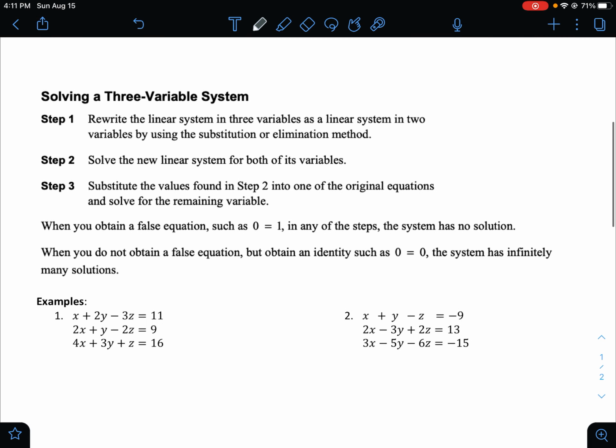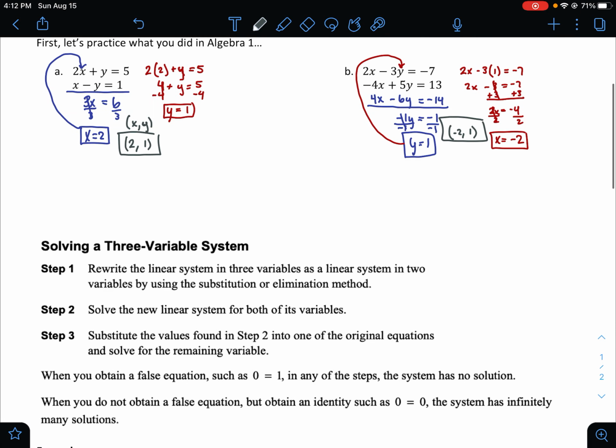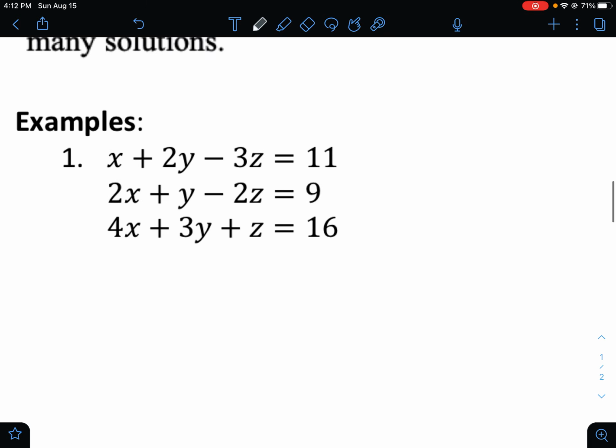Basically, because there are 3 variables, we have to do elimination that many more times, because we can't just simply get one of our variables to cancel. So this is a 3 variable system. Notice you have x, y, and z. It's also 3 equations. If we simply get rid of one variable, it doesn't really help us very much, because there are still 2 variables left.